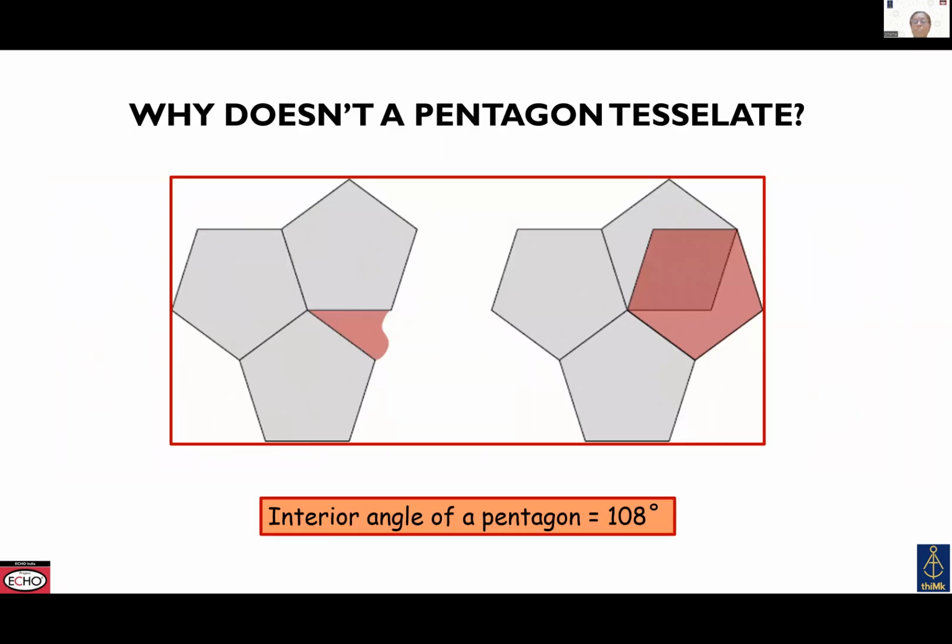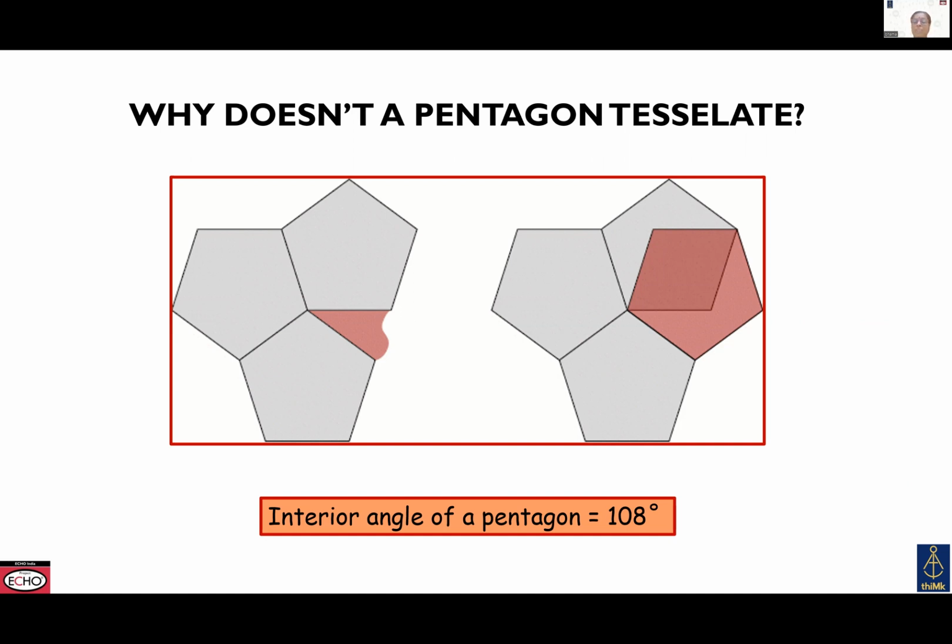So how about a pentagon? Why doesn't a pentagon tessellate? As you can see, we can arrange three regular, same-sized pentagons to meet at a point as shown, and then we have a gap. So why do we have this gap?